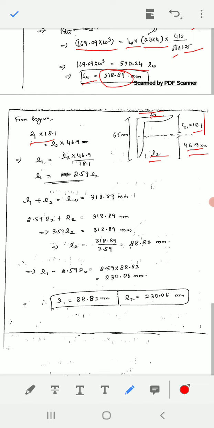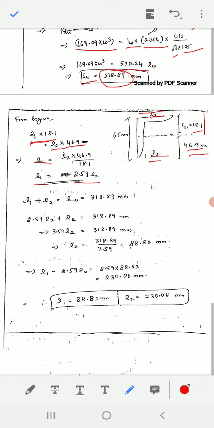This formula is there whenever they ask for two sides of weld. Whenever they ask for three sides of the weld, the method is different. I'll show in the next problem. So this is L1 into 18.11 and L2 into 46.9. So we'll get L1 in terms of L2: L1 is equal to 2.59 L2.